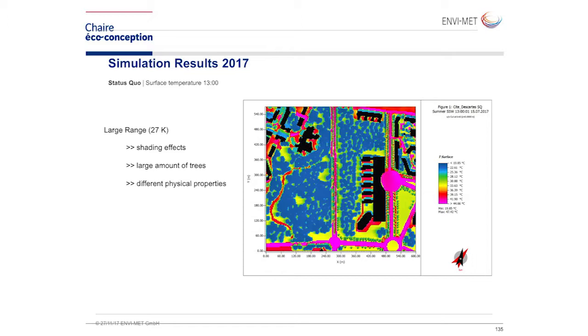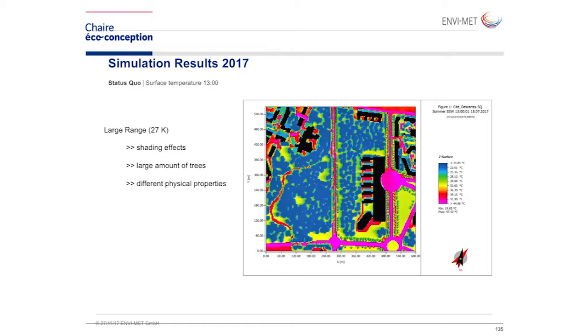Okay, thanks. This is another view at the situation as it is today. What we see here is the surface temperature, actually. So the absolute value of the surface if we touch it. If we touch the asphalt road, or the soil below the trees, just to give you an impression what the range of these temperatures is and how much diversification is there in that area. We see the roads.